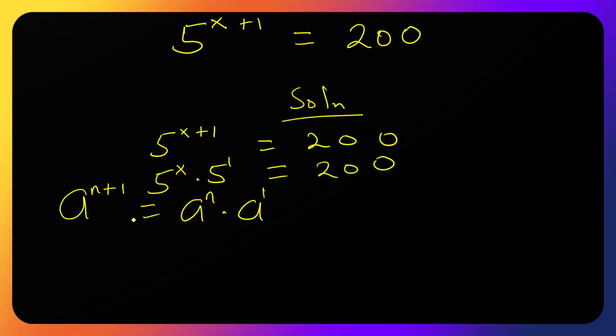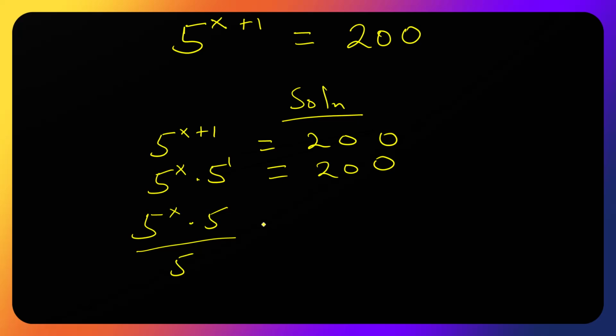Remember, any non-zero number to the power 1 is that number. So we have this one as 5, so it's still 5, okay? So let's divide both sides by 5.